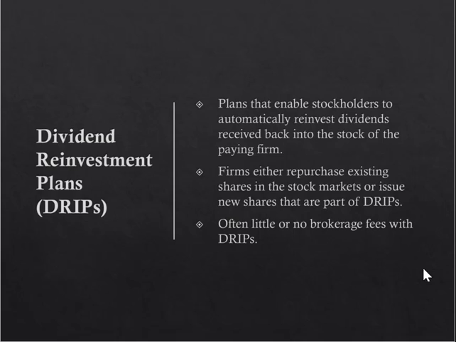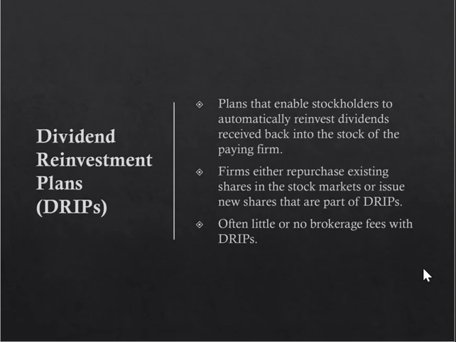Some companies have dividend reinvestment plans. These are plans that enable stockholders to automatically reinvest the dividends received from the company back into the stock of the paying firm. Firms either repurchase shares on the open market to fulfill that requirement, or they issue new shares to fill the DRIP, the dividend reinvestment plan.